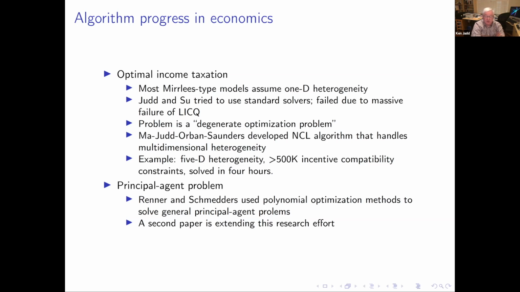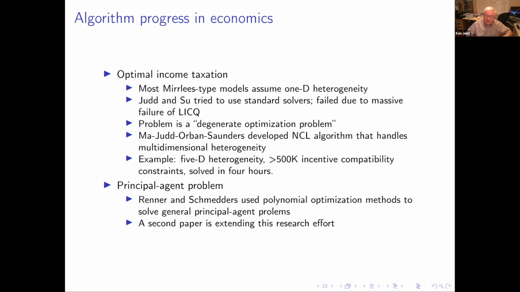Now on the principal-agent dimension, recently Philipp Renner and Karl Schmedders used polynomial optimization methods to solve general principal-agent problems. Principal-agent problems generally have these side assumptions, some stochastic dominance of some random variable, and these are not innocent assumptions. These are special assumptions that make things simple enough that the standard methods can apply.